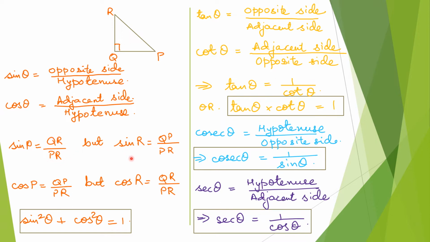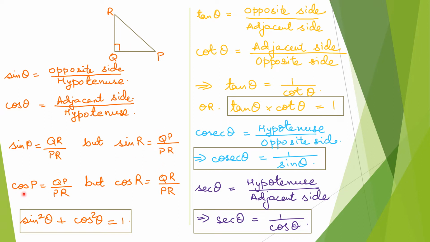But if I change the angle, that is instead of P, if I'm going to look at R, then sine R will be, the definition remains the same. But because the angle has changed, sine R will be opposite side, that is QP divided by PR.